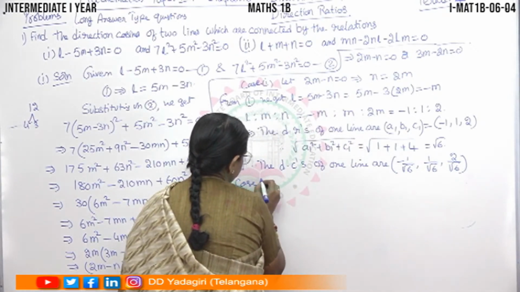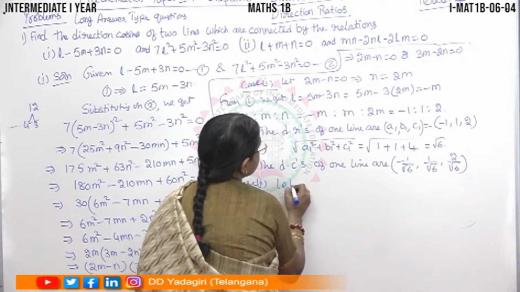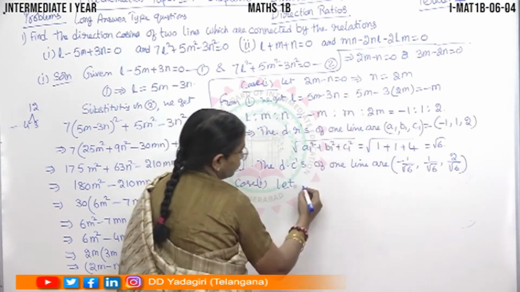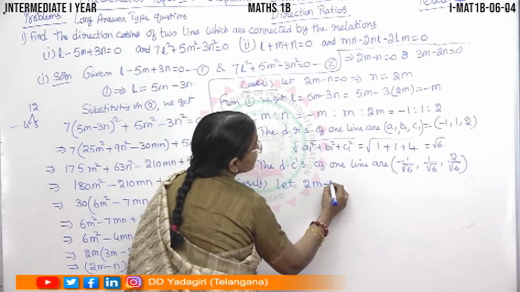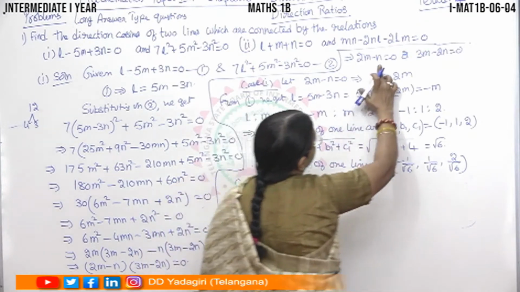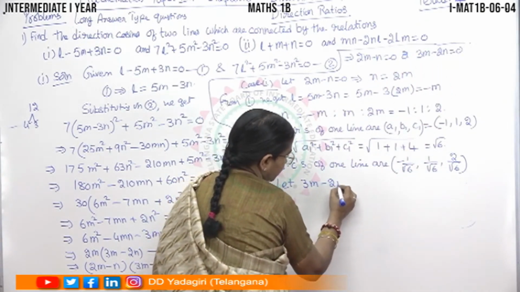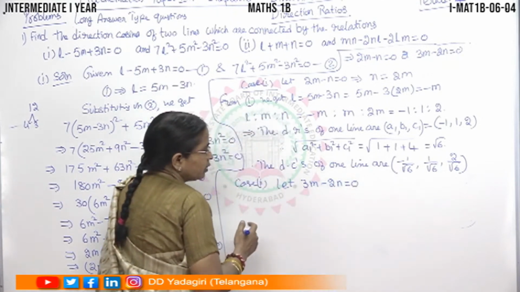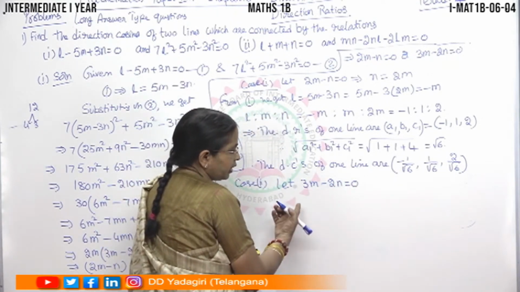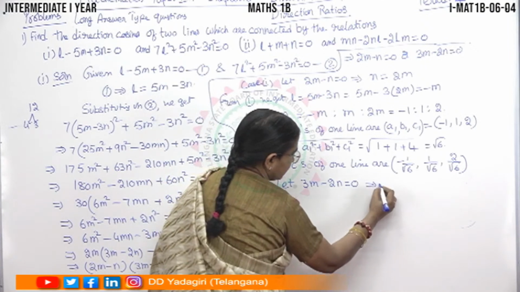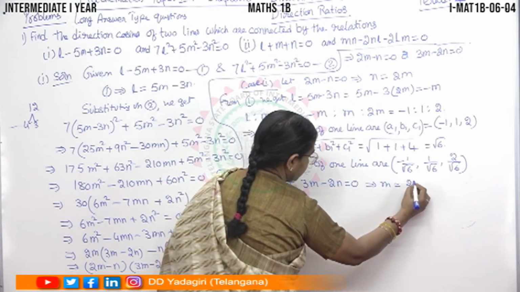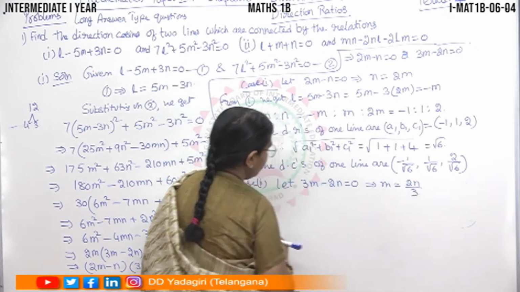Next, case 2. Suppose we take 3m minus 2n is equal to 0. Then from this you can find either m or n. We'll find m here. M is equal to 2n by 3.